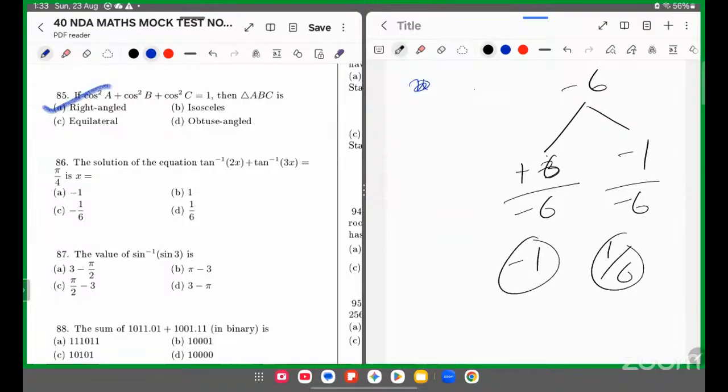So x can be minus 1 and 1 by 6. X is equal to minus 1 and x is equal to 1 by 6.